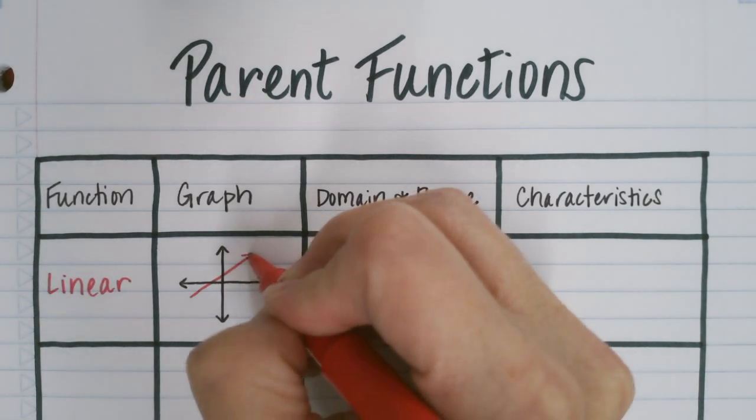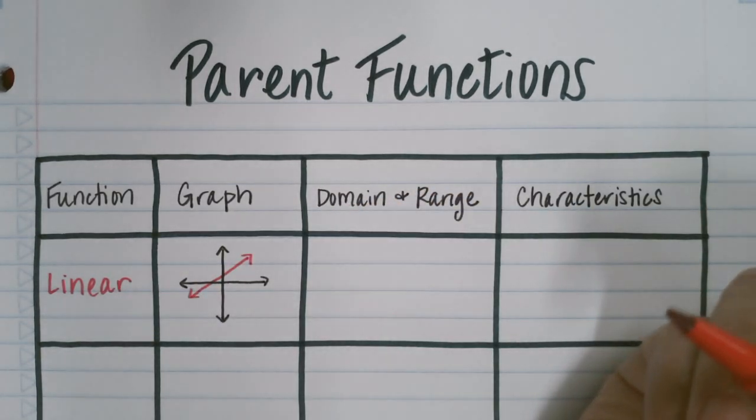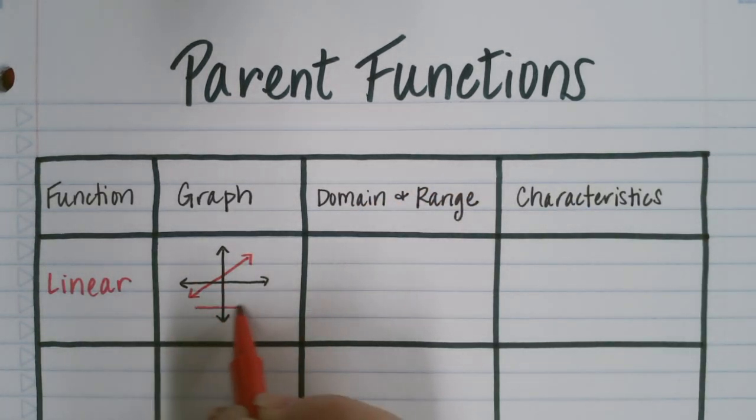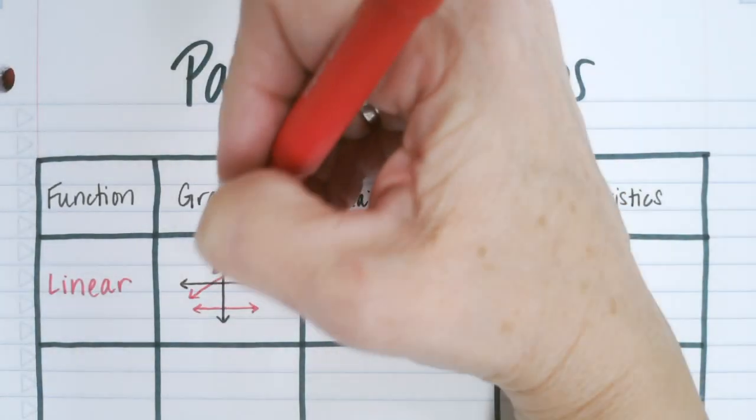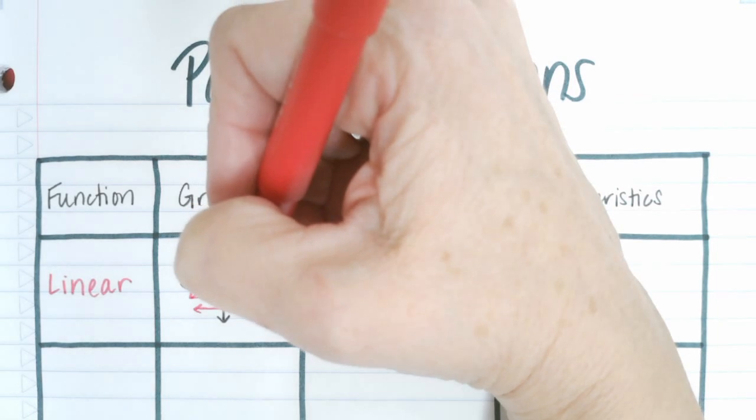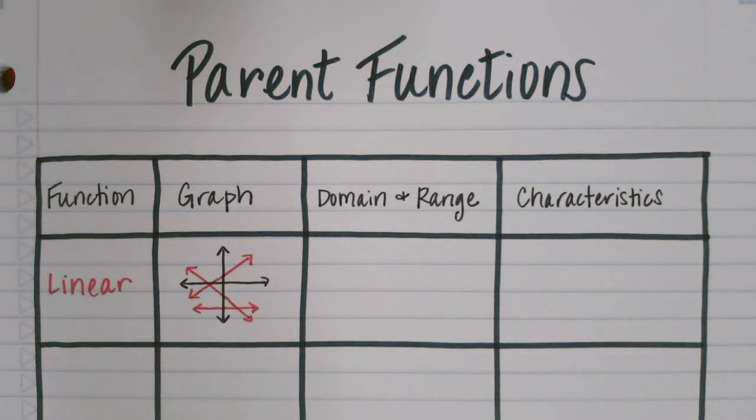So we could have something like that. We could have a horizontal line. We could have a diagonal line with negative slope. So when we talk about linear functions, we're talking about non-vertical lines.